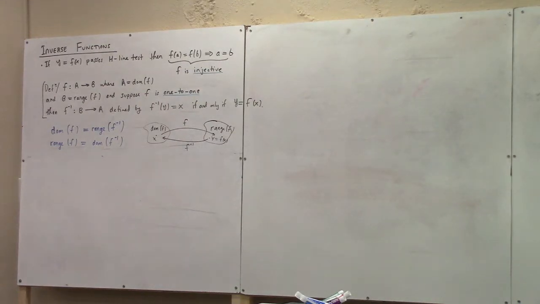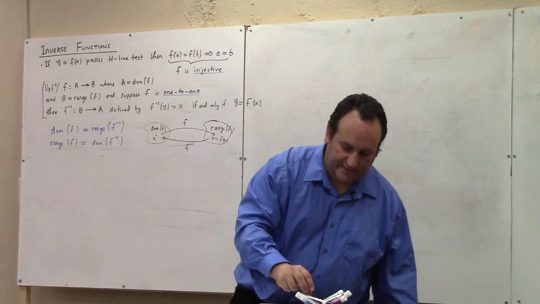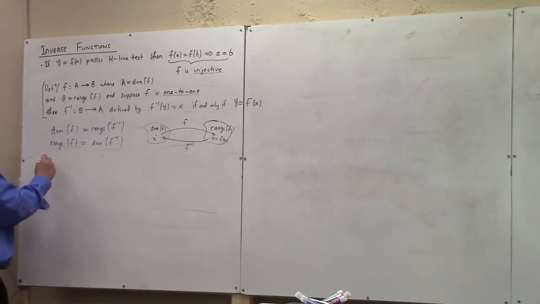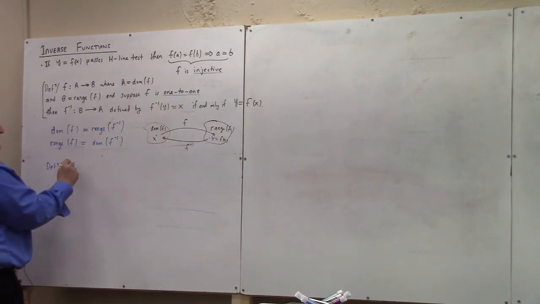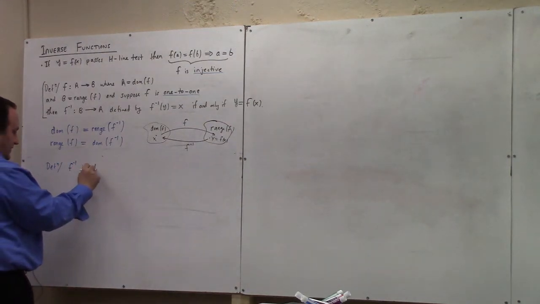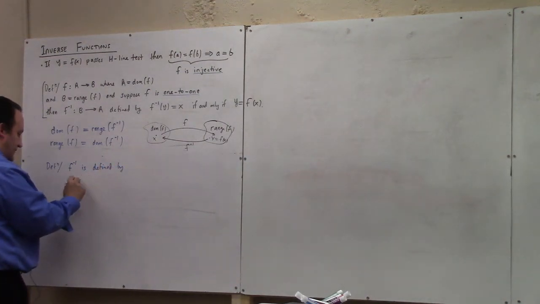The other thing I should mention is there's another way of writing this definition, which is also helpful. I think I wrote that for you last time. I'm going to write it again. We could say that f inverse is defined by, so we need two things.